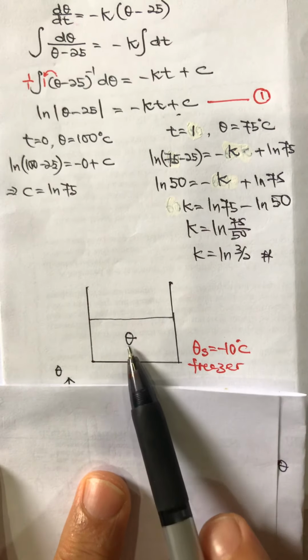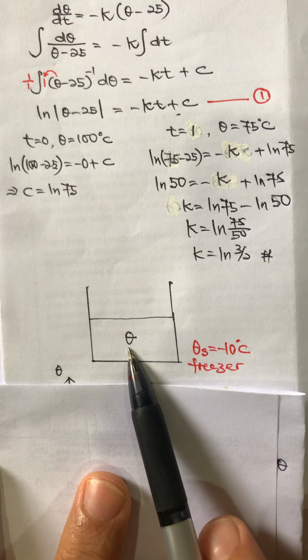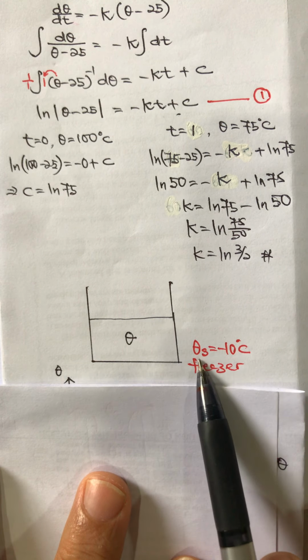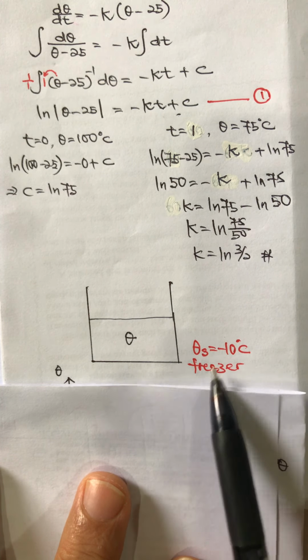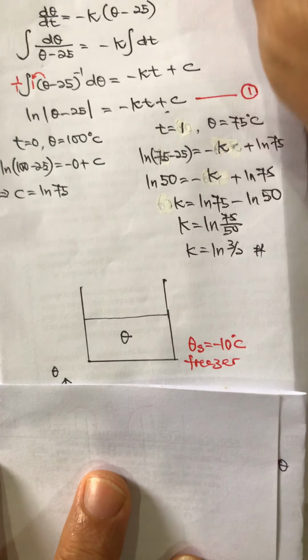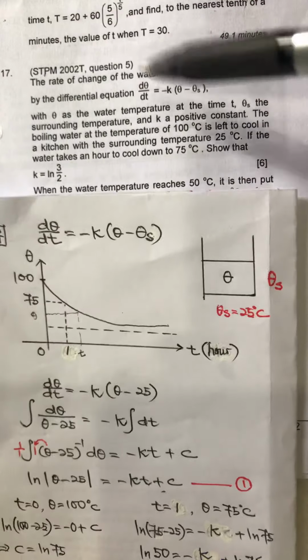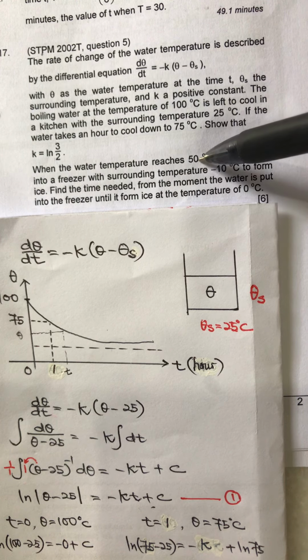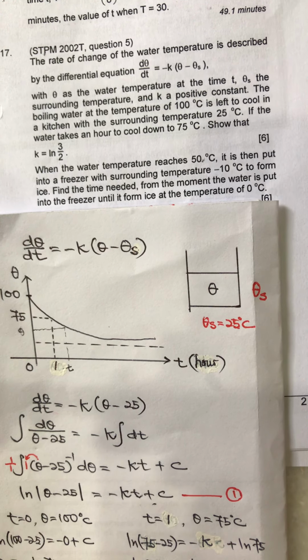Now here, this is the temperature of the water, and then the surrounding temperature in the freezer is -10. And when do you put in the freezer? When the water temperature reaches 50 degrees Celsius.